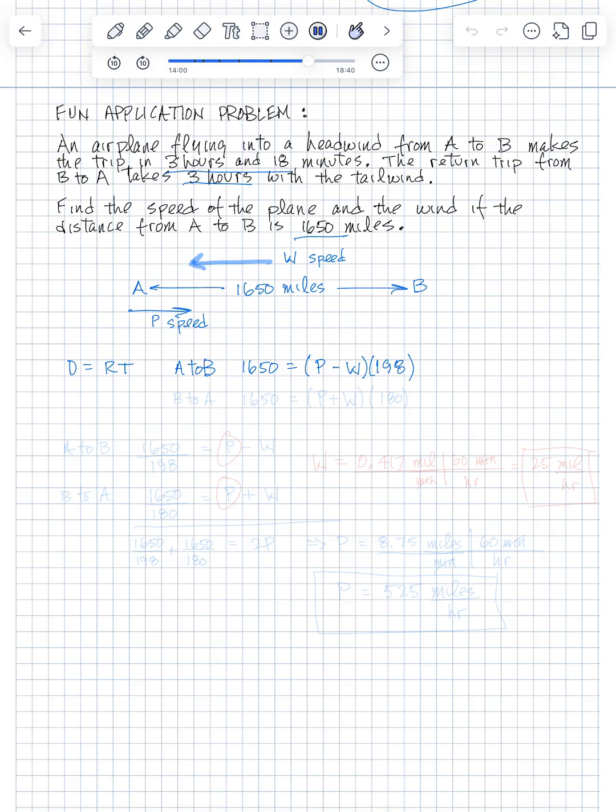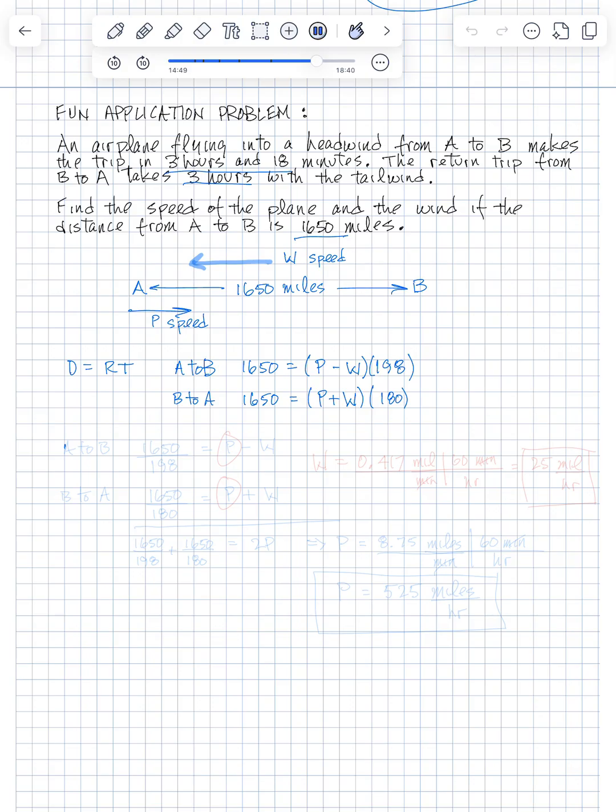So that's one equation. Then B to A, we still have the same formula. Distance, which is 1650, is equal to the rate, which in this case is the plane speed plus the wind speed. And the time for this is 3 hours, which is 180 minutes. So now we have two equations and two unknowns. What we're going to do is divide each one by the time.